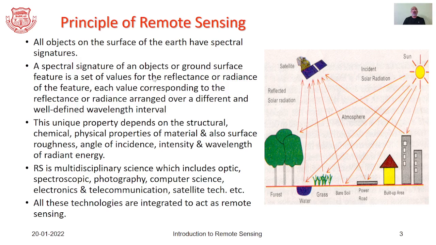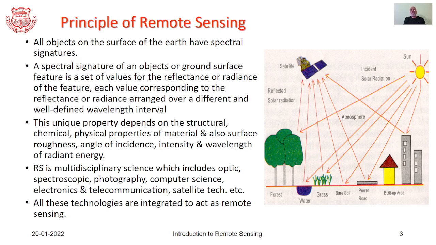A spectral signature of an object or even the ground surface feature is a set of values for the reflectance or radiance of the feature, each value corresponding to the reflectance or the radiance arranged over a different and well-defined wavelength interval. In simple words, every object has some unique property.